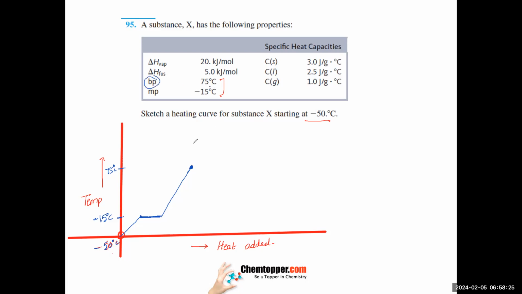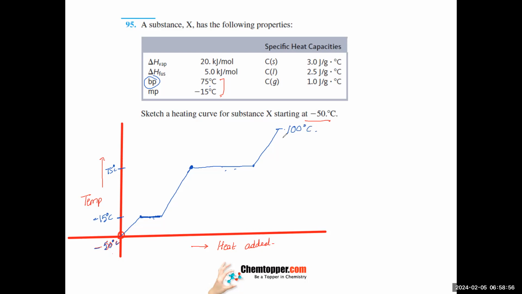This is the boiling point. So it will become flat. How flat is it going to become? Bigger than this, 3, 4 times more than this one. And after that, again, the graph will go like this. Let's say this final temperature is 100 degrees Celsius.